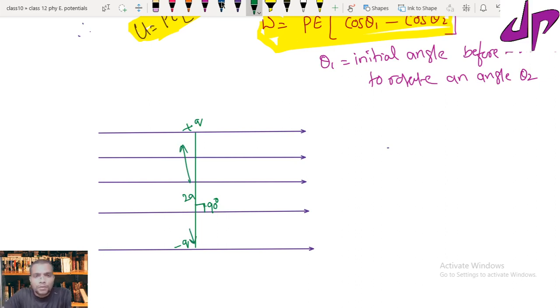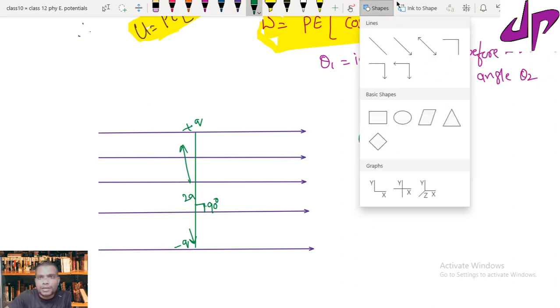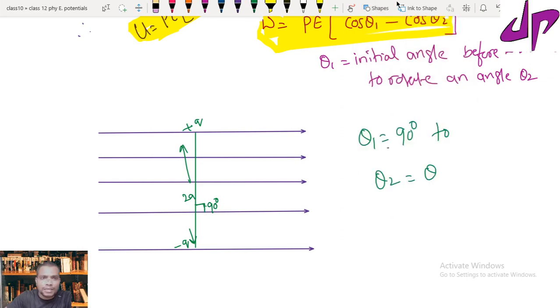Okay. From θ1 equal to 90 degrees, to rotate to θ2 at an angle of θ. So I want to rotate from 90 degrees to an arbitrary angle θ.